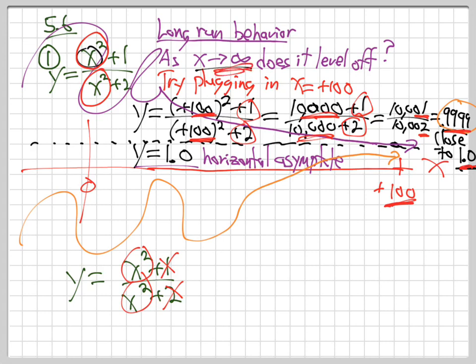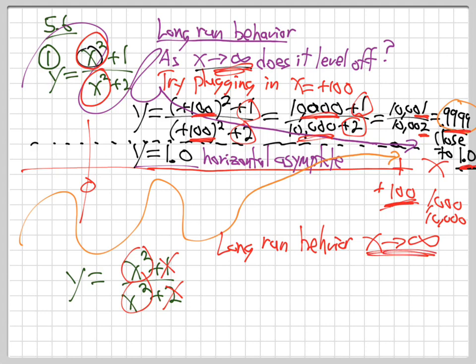When you're going to 100 or infinity, remember, this is long run behavior. X is going to infinity. You're going to plug in 100, 1,000, 10,000, a million, a billion, a trillion, etc. You're going way off to the right. As x goes towards infinity, what happens?